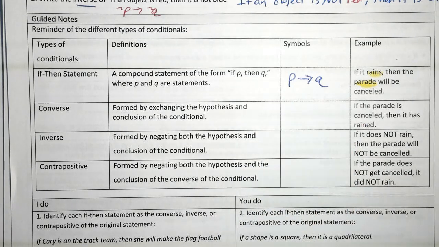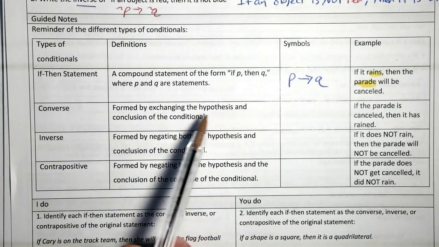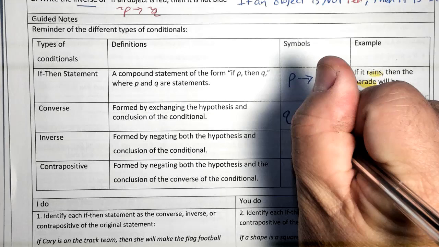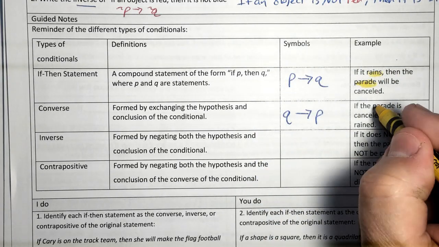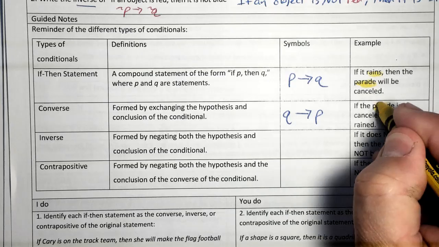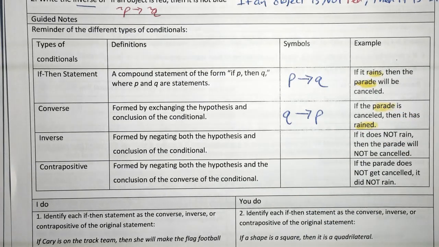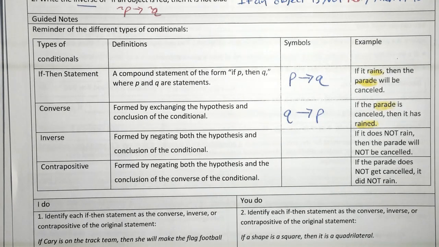If P, then Q. Converse, it's formed by exchanging the hypothesis and the conclusion. So the converse is if Q, then P. So parade was Q. If the parade is canceled, then it has rained. Then an inverse, that's formed by negating both the hypothesis and the conclusion.